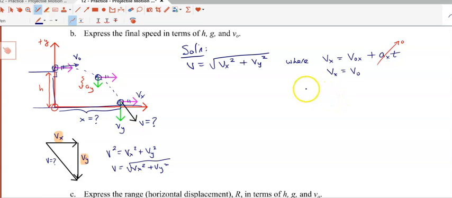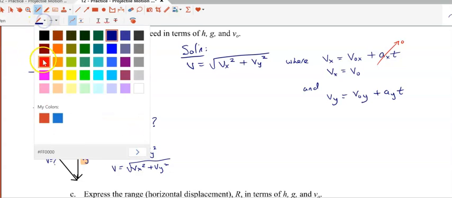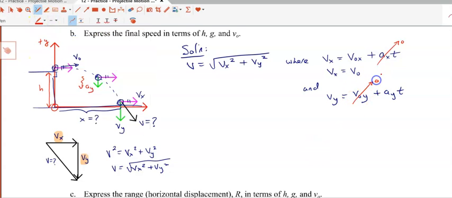What about the vertical velocity? Well, we're going to use the same equation: v naught y plus ay times t, right? And the initial vertical velocity is 0. And now we're going to substitute in 0 plus negative g times t.